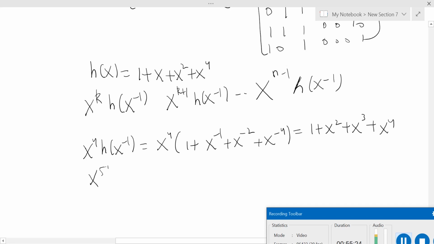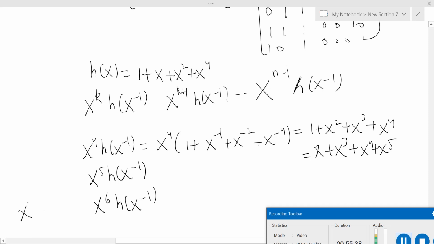Similarly, compute x to the power 5 h of x inverse, that becomes x plus x cube plus x4 plus x5. Similarly, x6 h of x inverse, so you have to do up to x of n minus 1. N minus 1 here is 6, so this is the last thing we have to compute. This is x square plus x4 plus x5 plus x6.